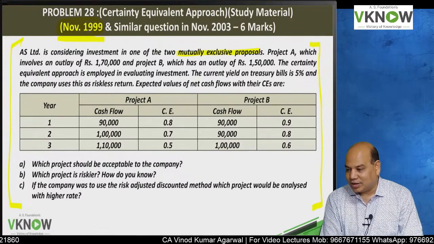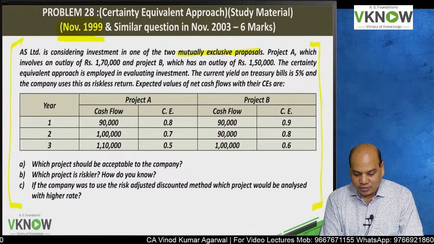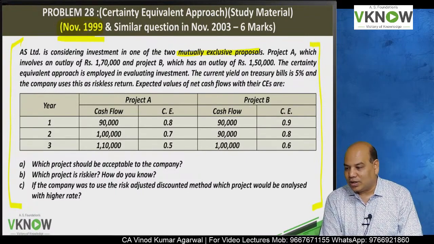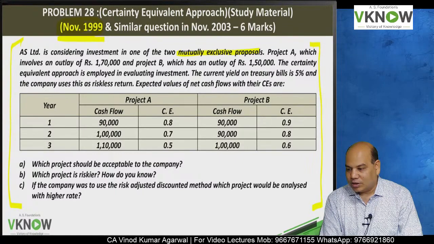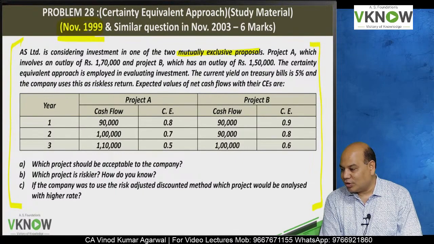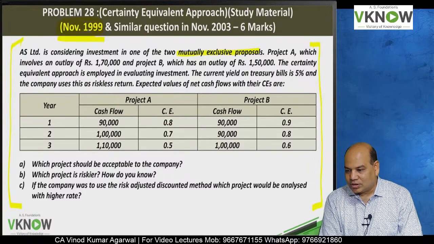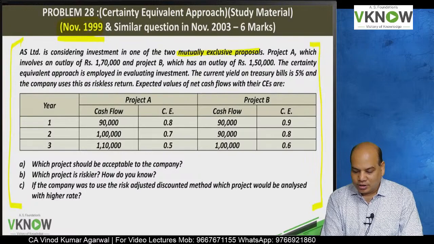Both cannot be selected. Project A, which involves an outlay of rupees 1,70,000, and Project B, which has an outlay of 1,50,000. The certainty equivalent approach is employed in evaluating the investment.